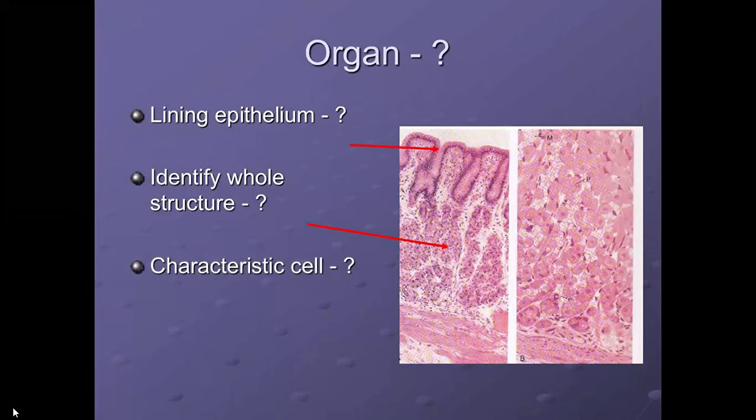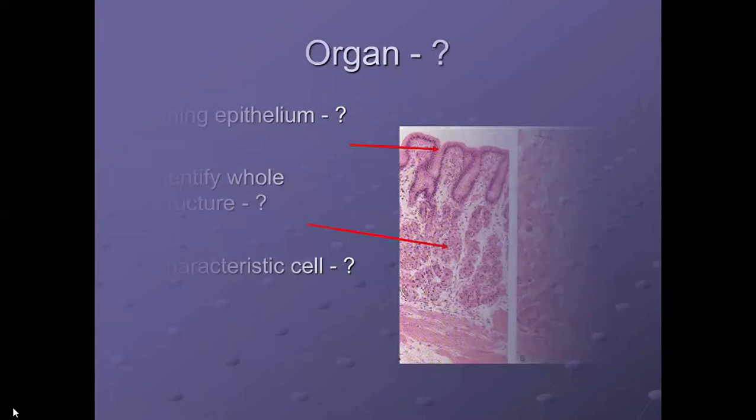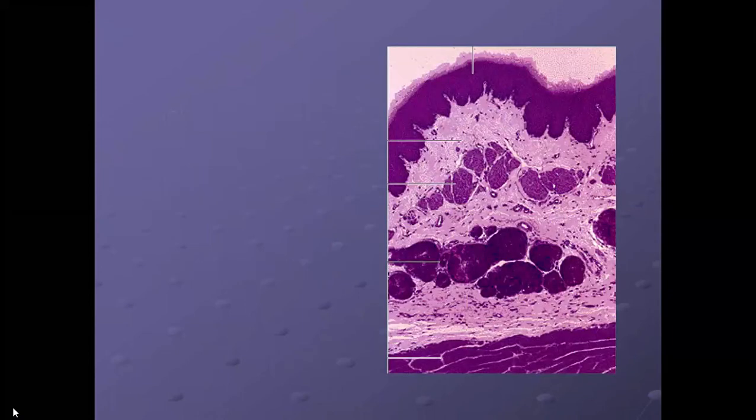What is the characteristic cell of this organ? Okay, ang dali nito. Identify that portion, okay? Identify that structure.